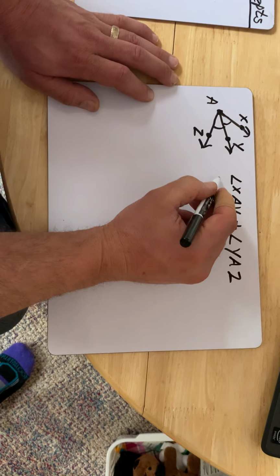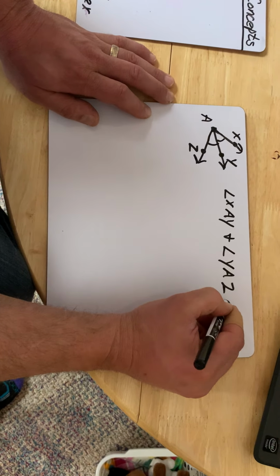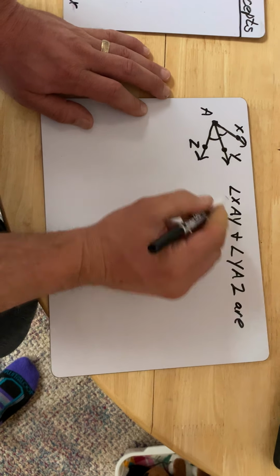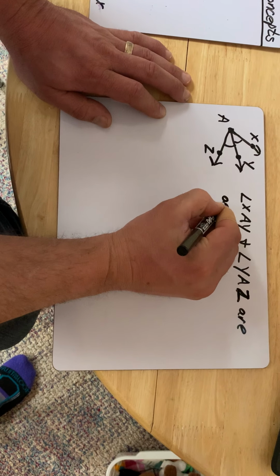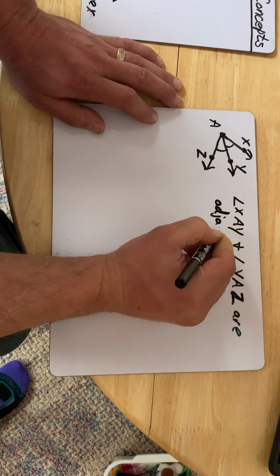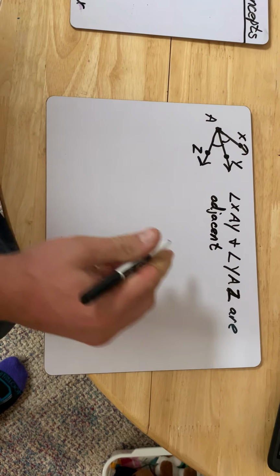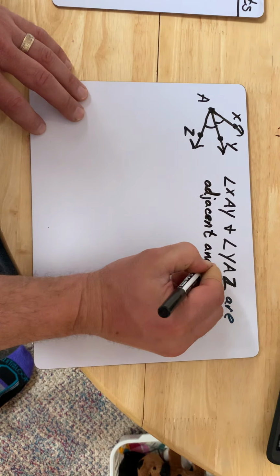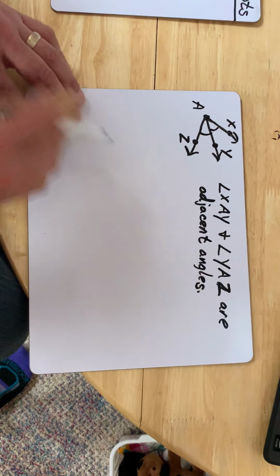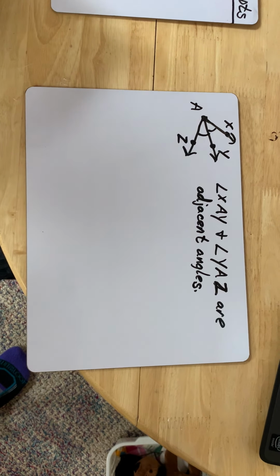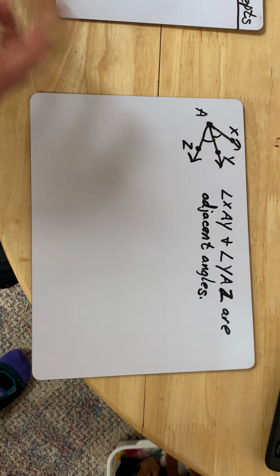We can say one thing, and that is angle XAY and angle YAZ are adjacent. And adjacent is just a fancy word for next to. These are adjacent angles, right next to each other. Adjacent angles share the same vertex point. So they're adjacent angles.